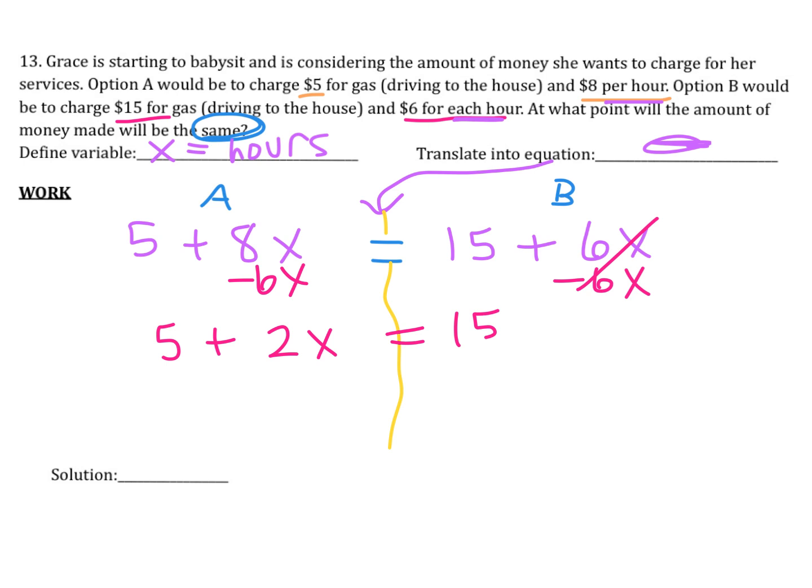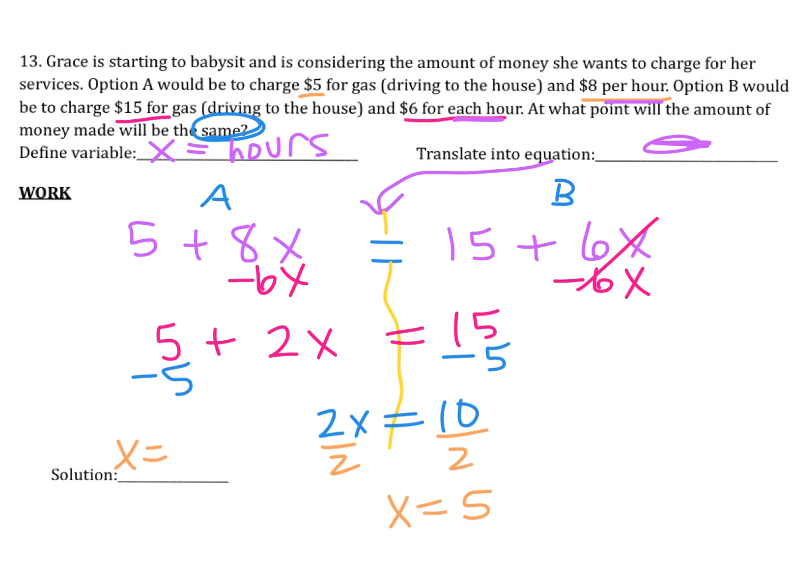Now we go ahead and clear out this 5 next. So 2x equals 10, and then the final step, divide by 2. So x equals 5. So our solution is they have to work 5 hours for both options to be the same. They should have to babysit for 5 hours.